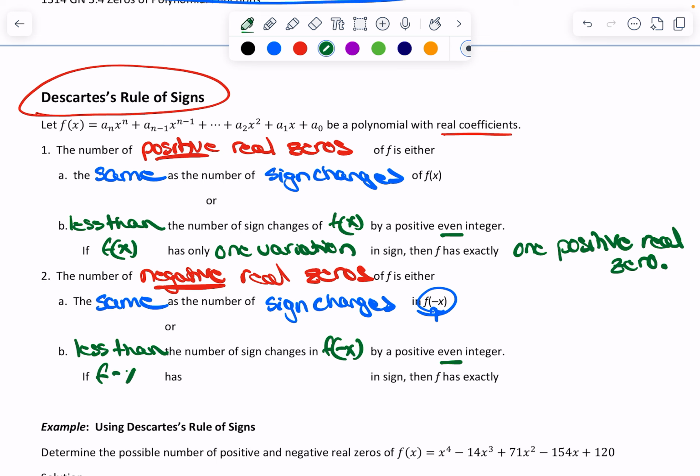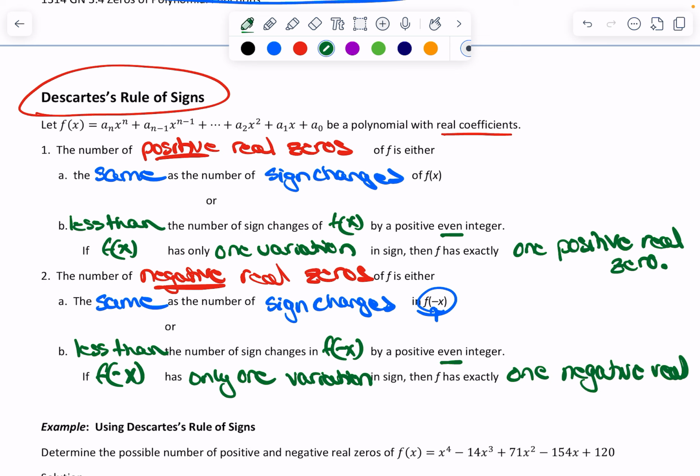If f of negative x has only one variation in sign, then f has exactly one negative real zero.